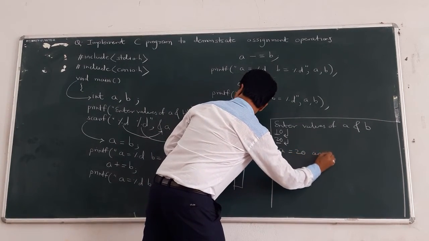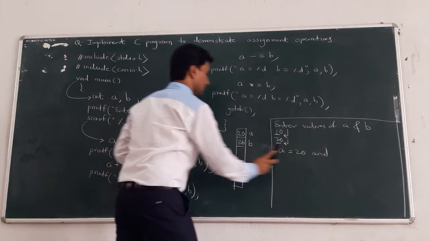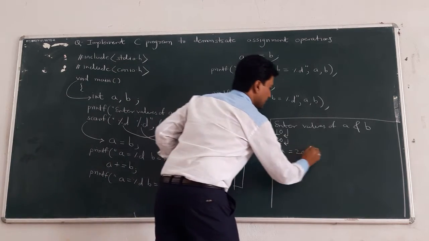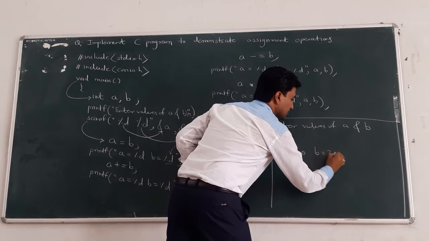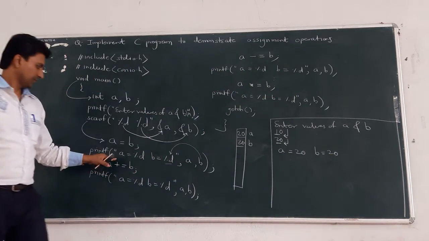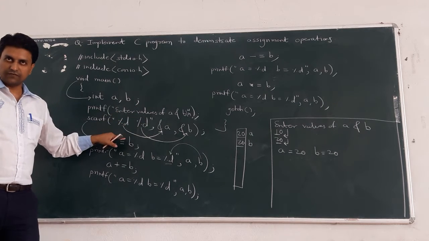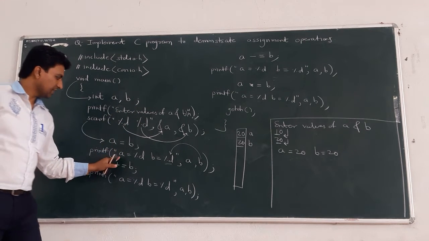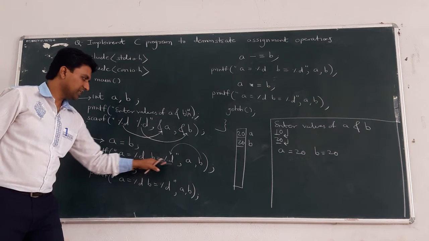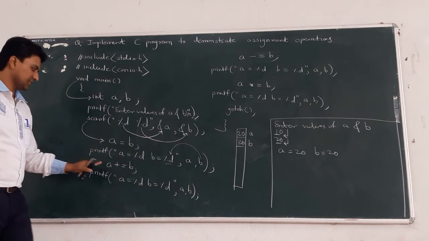A is equal to 20 and B is equal to 20, just that, with no message of 'and'. Because now A and B both become 20 after this assignment. So here in printf, what is the value? A is equal to 20 and B is also equal to 20.